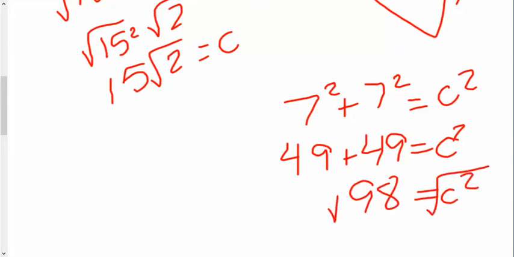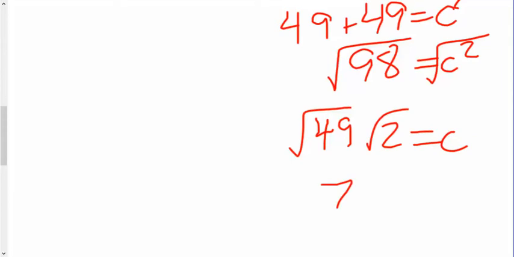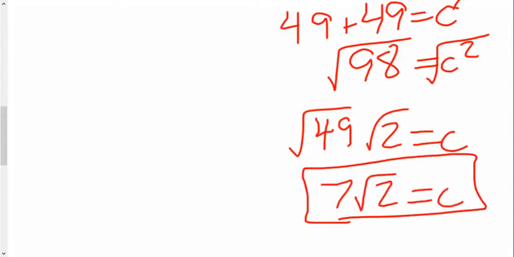Then when I'm taking the square root of both sides, I know that my largest perfect square that divides that is 49. So it would be the square root of 49 times the square root of 2, or just 7 square roots of 2. So c would equal 7 square roots of 2 units. And that works for any isosceles triangle.